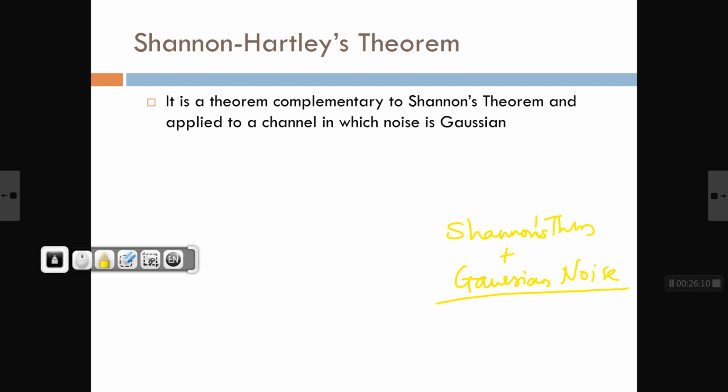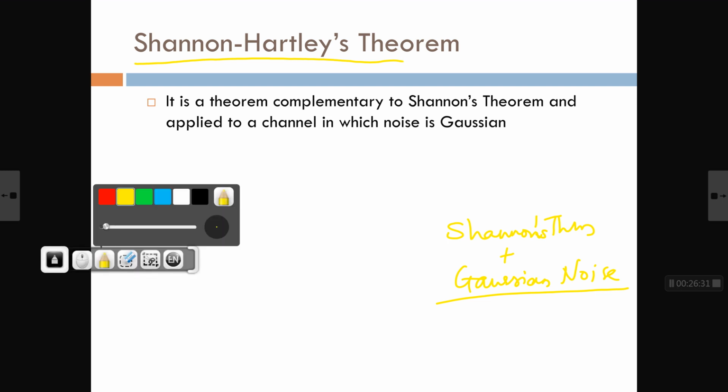But now when we assume that the noise in a particular channel is Gaussian random noise, or AWGN, additive white Gaussian noise, and then apply Shannon's theorem, we get the Shannon-Hartley theorem, which is very specific. It gives you more information than Shannon's theorem, so it is a complementary theorem.